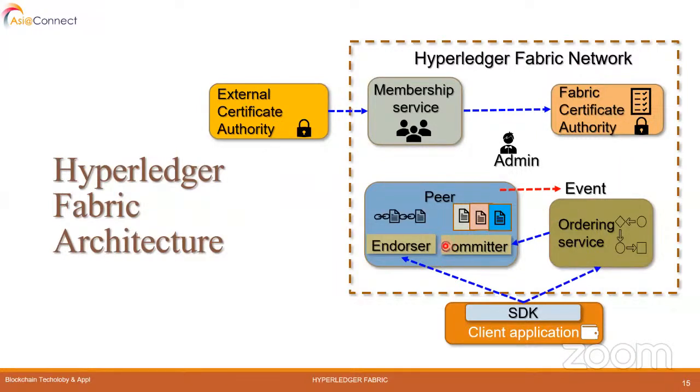So in the Hyperledger Fabric network, there must be some admin who is maintaining the network. Let's think that 2 organizations are planning to collaborate on developing a certain decentralized application.